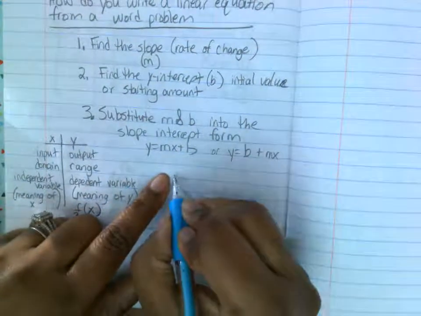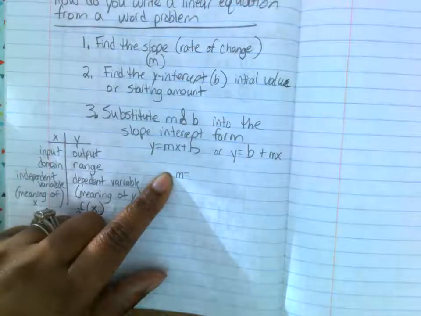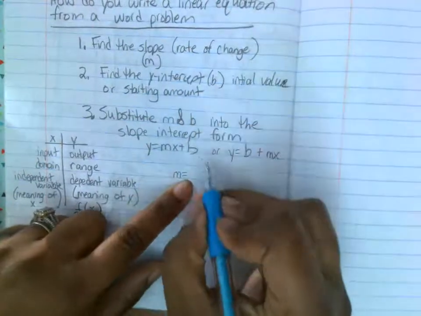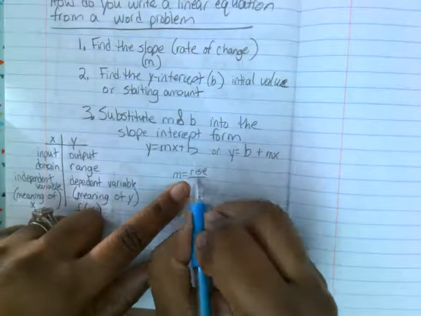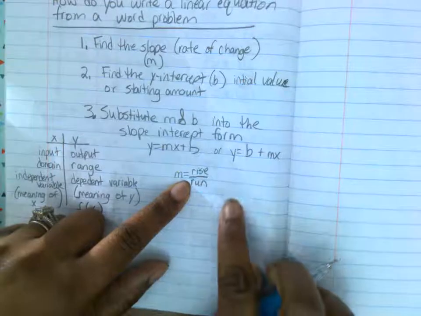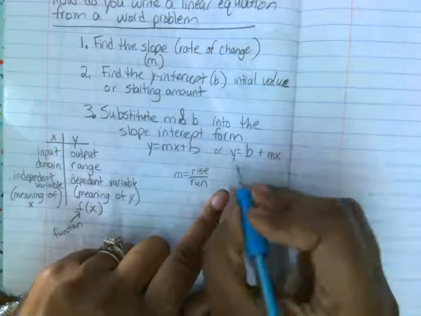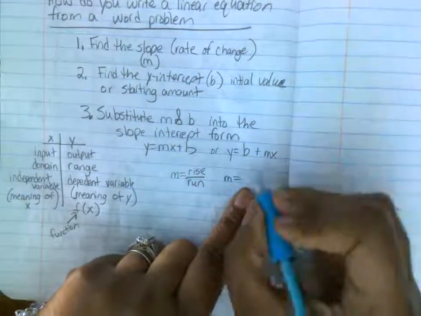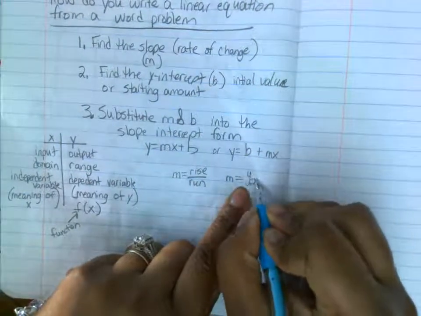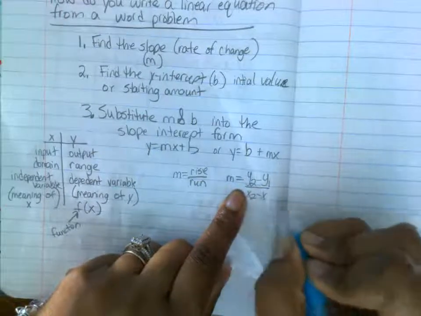In a word problem, or I should say, in any problem for slope, you have to keep in mind that in order to find slope, you can use the formula rise over run. You basically use this for a line. If you're not given a line, then to find slope, you use y2 minus y1 over x2 minus x1.